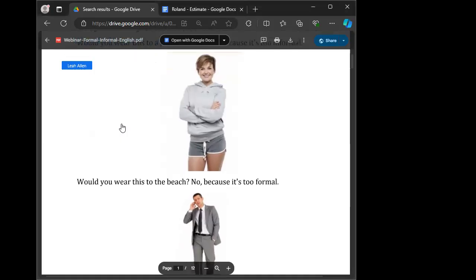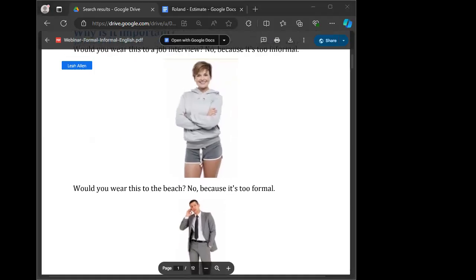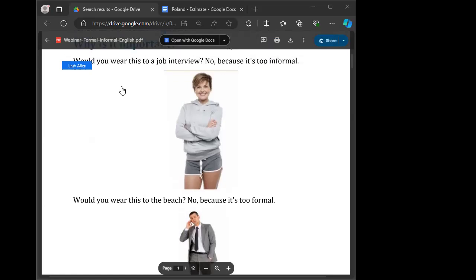The reason why formal versus informal language is important is because it can help us figure out what's appropriate for writing.